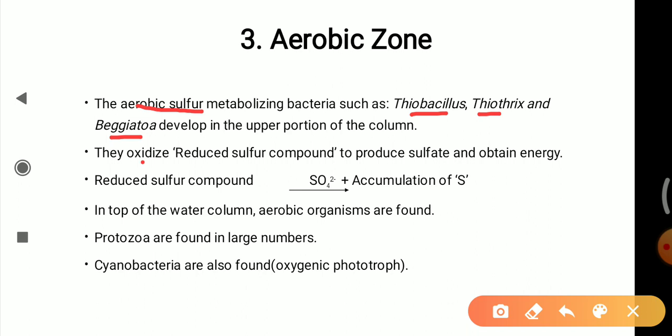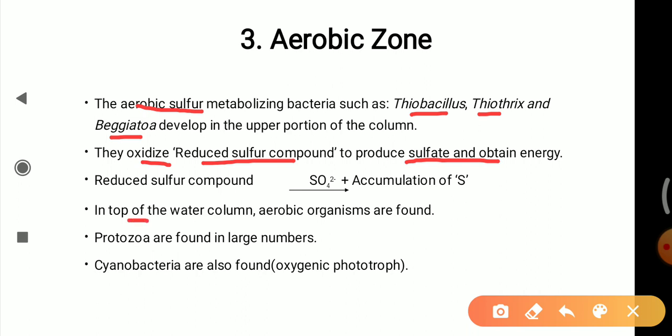They oxidize reduced sulfur compounds to produce sulfate and obtain energy. Reduced sulfur compound examples are FeS, H2S, elemental sulfur, and SO3 minus, converted into SO4 plus accumulation of sulfur.